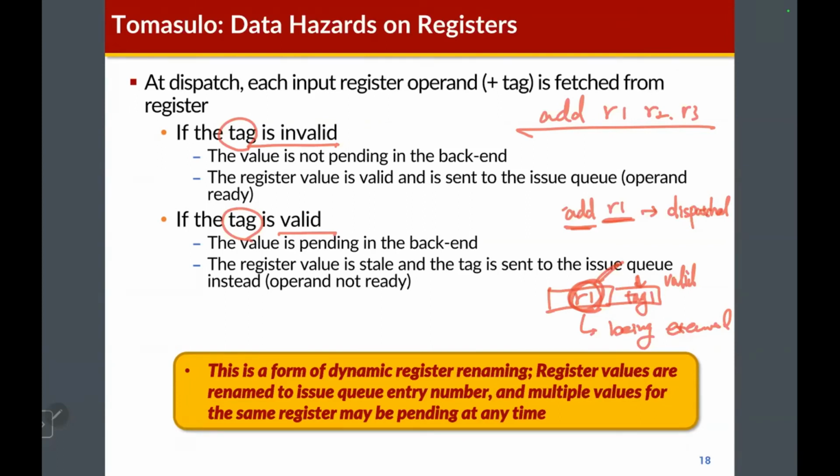Okay, so vice versa. If the tag is invalid, it means that this register does not have any tag numbers. It's invalid, so it means that the register has valid data. It's already updated by other instructions.